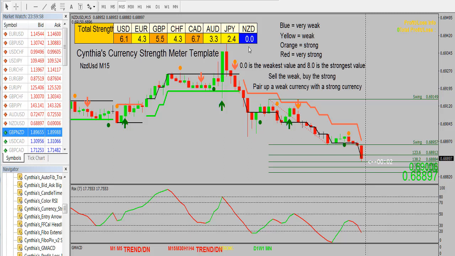And so we've paired up a weak currency, which is the New Zealand dollar, with a strong currency, which is the US dollar. And what we do is we sell the weak currency and we buy the strong currency as a pair. So we're selling the New Zealand dollar because it's very weak, and because it's paired up with the US dollar, we're buying the US dollar at the same time.